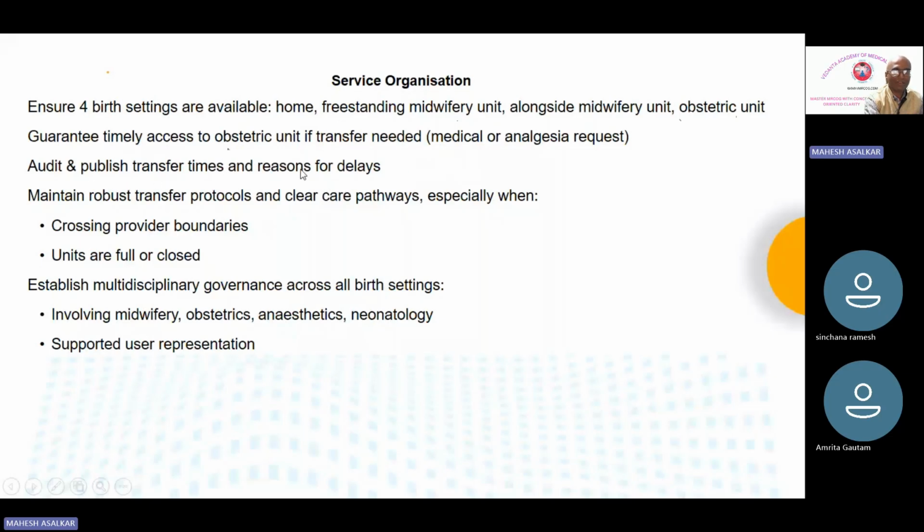So we need to have our own statistics: what is the transfer time from our place, and what are the reasons for delays, etc. Maintain robust transfer protocols and clear care pathways, especially when crossing provider boundaries, or when units are full or closed. Establish multidisciplinary governance across all birth settings involving midwifery, obstetrics, anesthesia and neonatology, with user representation support. So there has to be coordination among all of these.